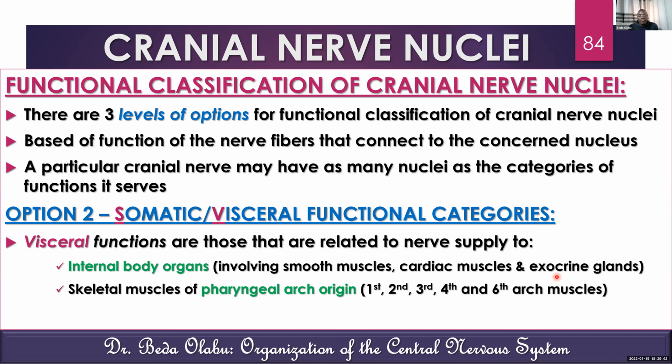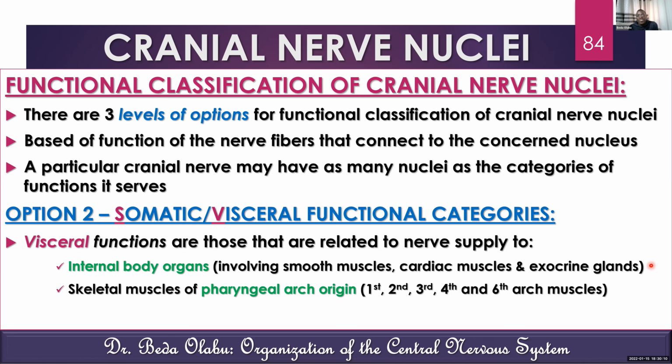Also, a visceral function is related to nerve supply, again, to skeletal muscles of pharyngeal arc origin. And we've highlighted what they are. So again, look at that again. If you look at the first one, where you mentioned smooth muscle, cardiac muscle, and glands, basically that means autonomic.